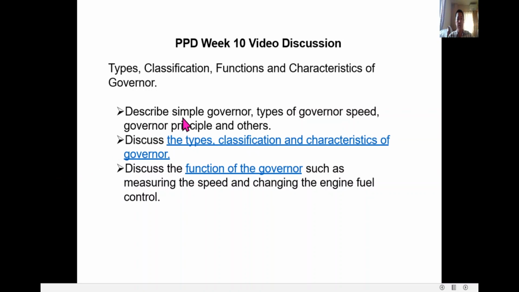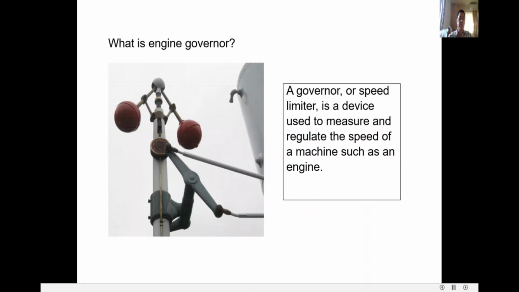We will describe a simple governor, types of governor, speed, and governor principle, and others. We will discuss also the types of classification and characteristics of governor. We will discuss the function of governor, such as measuring the speed and changing the engine fuel control. So let's get started.